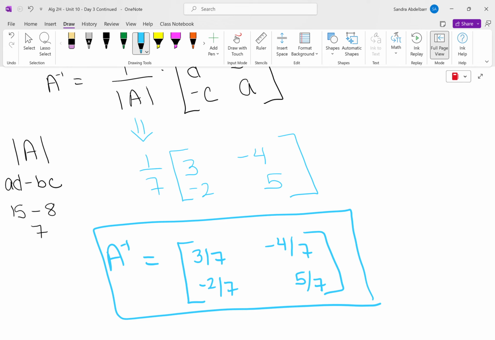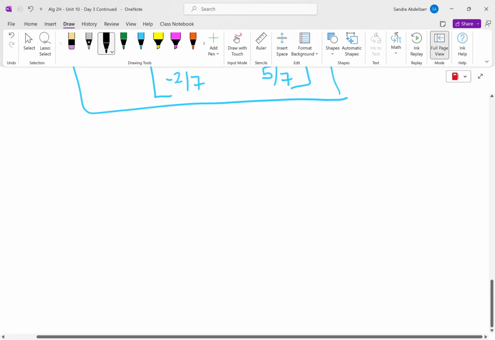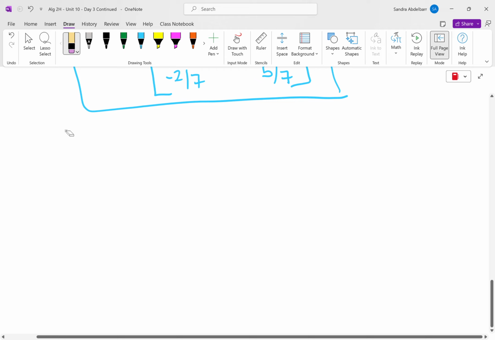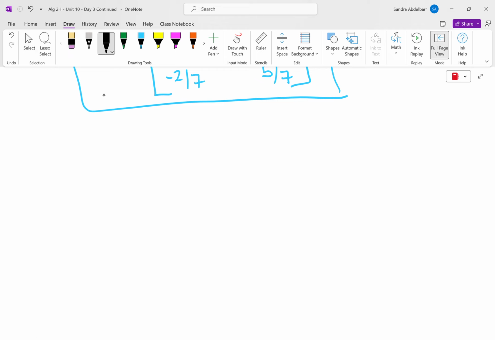Who wants me to check and show you that the matrix A times this inverse matrix gives us the identity matrix? Does anybody want to see that? Okay, I'll show you. So remember, we said A times the multiplicative inverse will be the identity matrix.